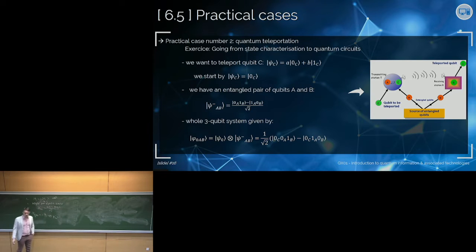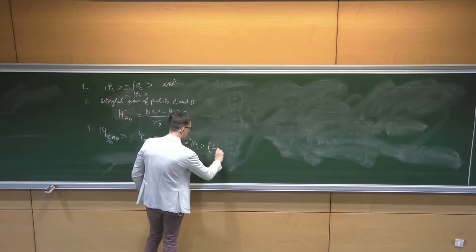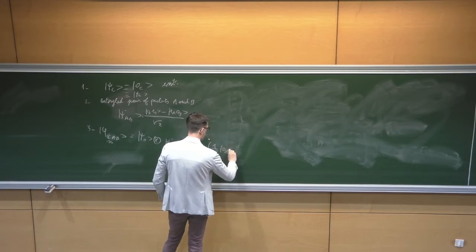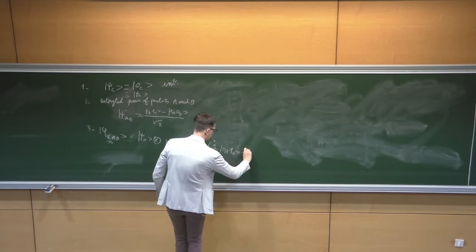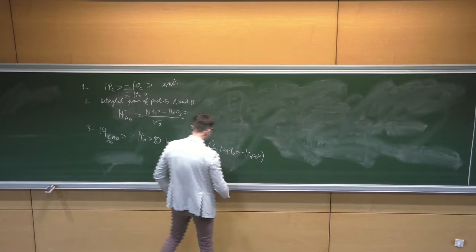This we've seen before, it can be seen simply as a product state between |0⟩_C times 1 over square root of 2, |0⟩_A|1⟩_B minus |1⟩_A|0⟩_B.